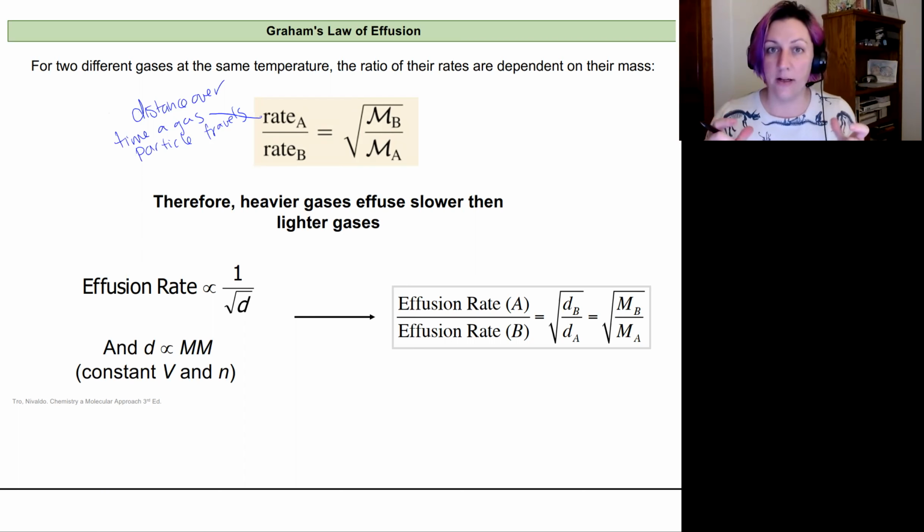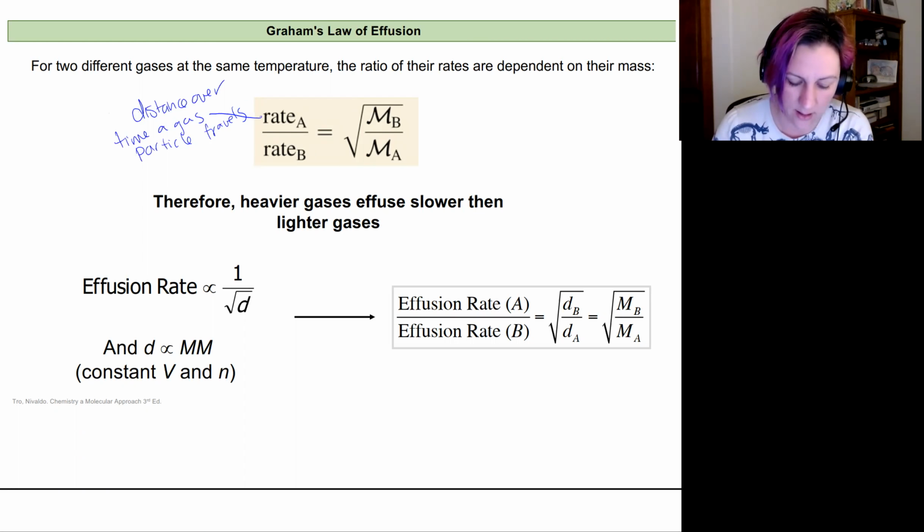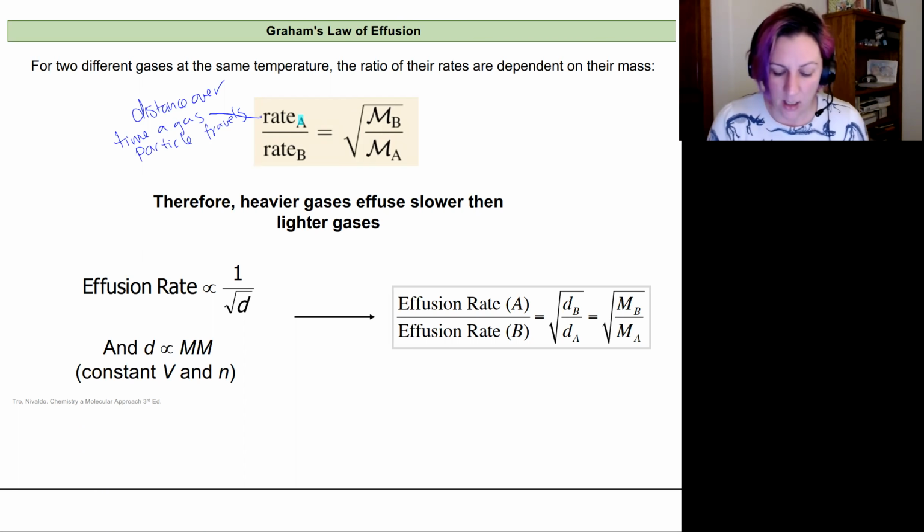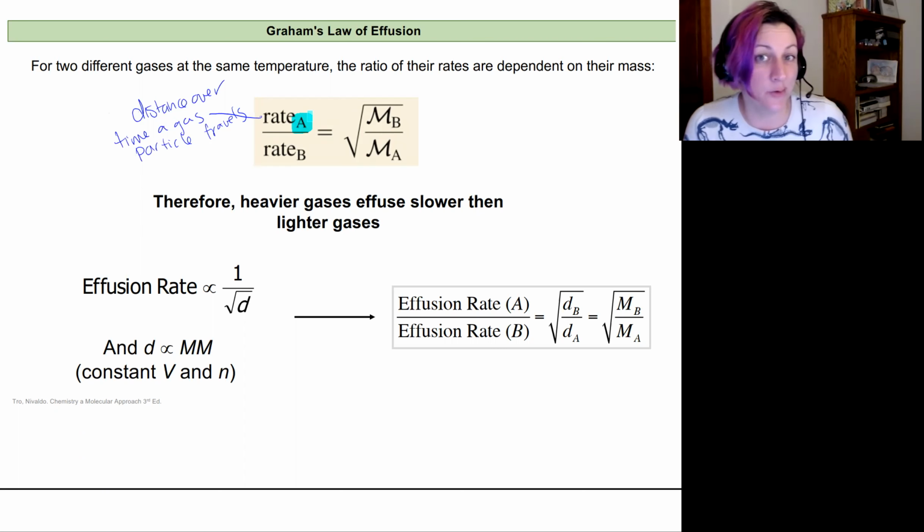So this is comparative between two different types of gases. We'll call it gas A and gas B. And we see that the rate that it travels is inversely proportional to its mass. So rate goes up as mass goes down, right? The velocity goes up as the mass goes down for a particle.